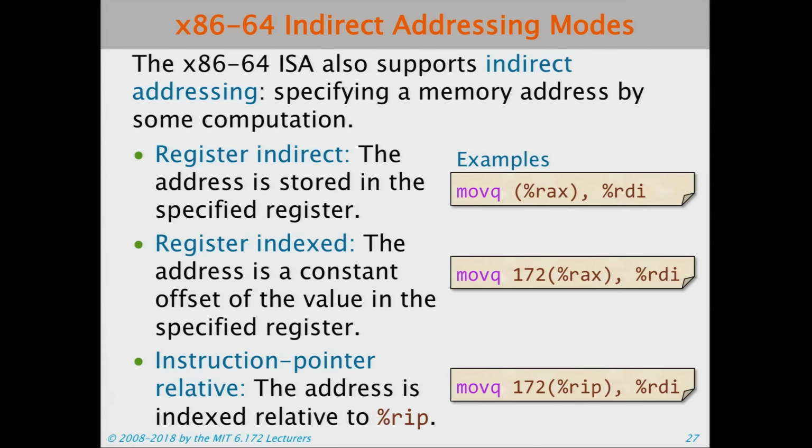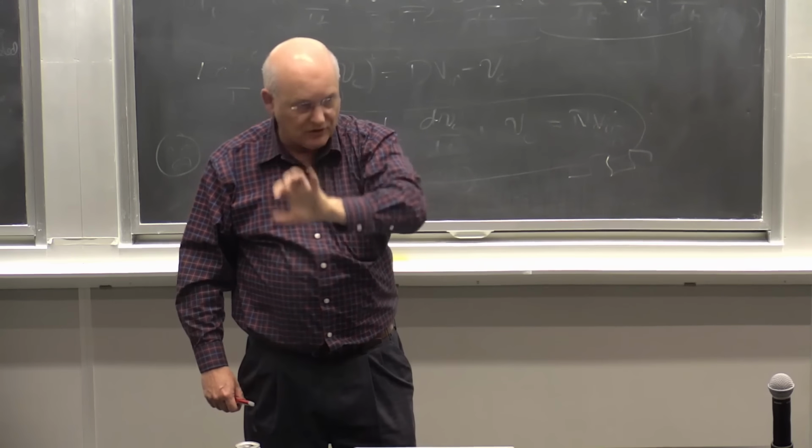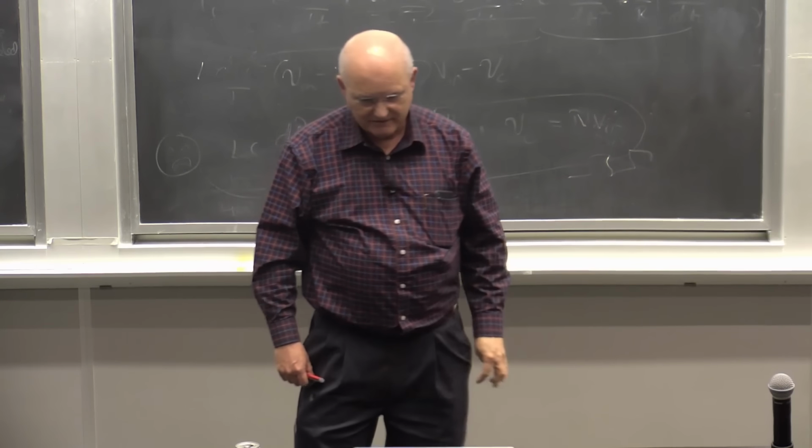So for example here, register indirect says, in this case, move the contents of RAX into, the contents is the address of the thing that you're going to move into RDI. Okay, so if RAX was location 172, then it would take whatever's in location 172 and put it in RDI.